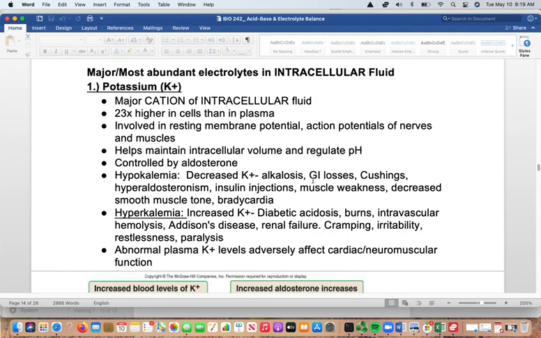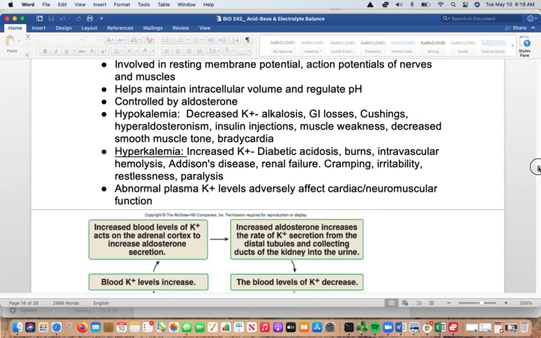It goes along with alkalosis, gastrointestinal losses, Cushing's disease, hyperaldosteronism, insulin injections, seen with muscle weakness, decreased smooth muscle tone, and bradycardia. Hyperkalemia with increased potassium.